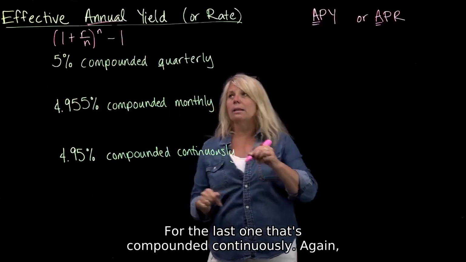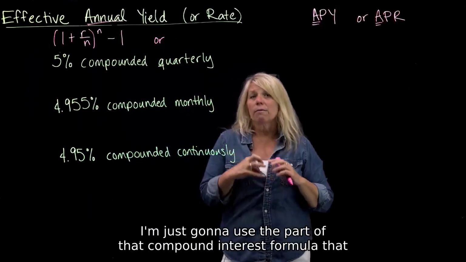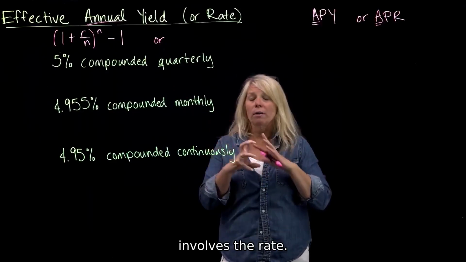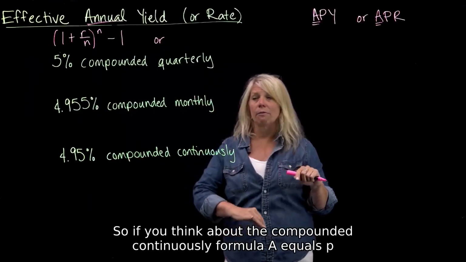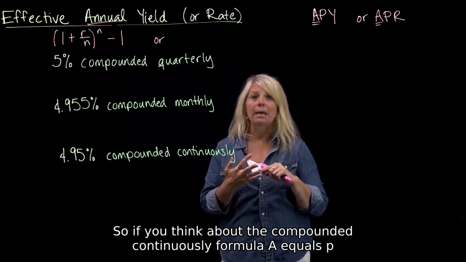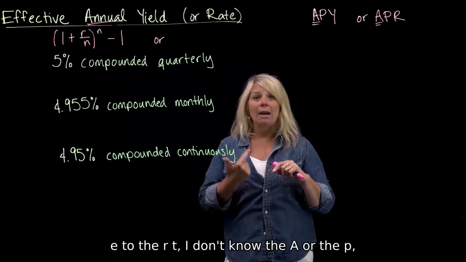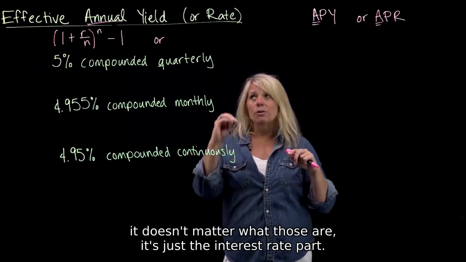For the last one that's compounded continuously, again, I'm just going to use the part of that compound interest formula that involves the rate. If you think about the compounded continuously formula, A equals P e to the rt, I don't know the A or the P. It doesn't matter what those are. It's just the interest rate part.